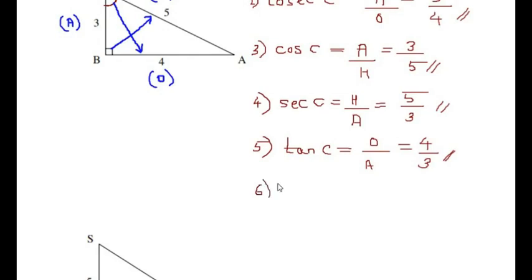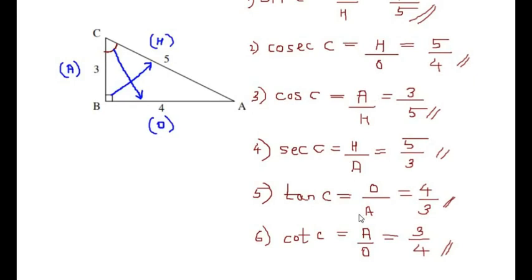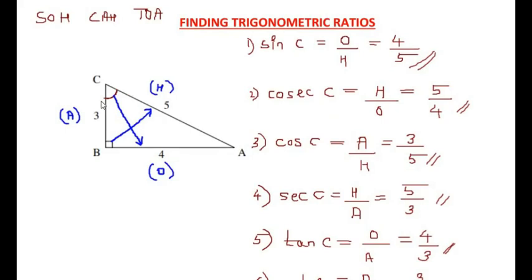Finally we have the reciprocal of tan, which is cot C. So we are just going to reciprocate it, A over O, and it becomes 3 over 4. So angle of concern was C. So with respect to C, we have got all the 6 trigonometric ratios. Now let us change the angle of concern from C to A and see what we will get. So let me just erase some things from it.